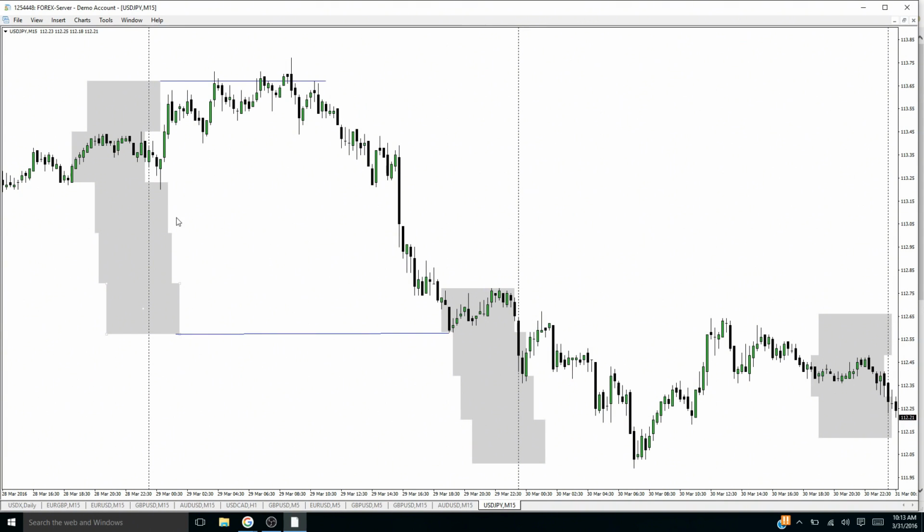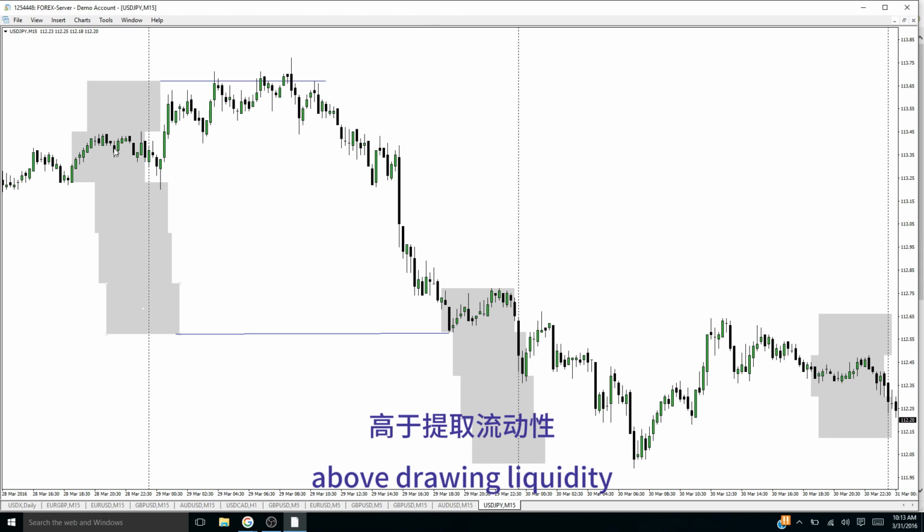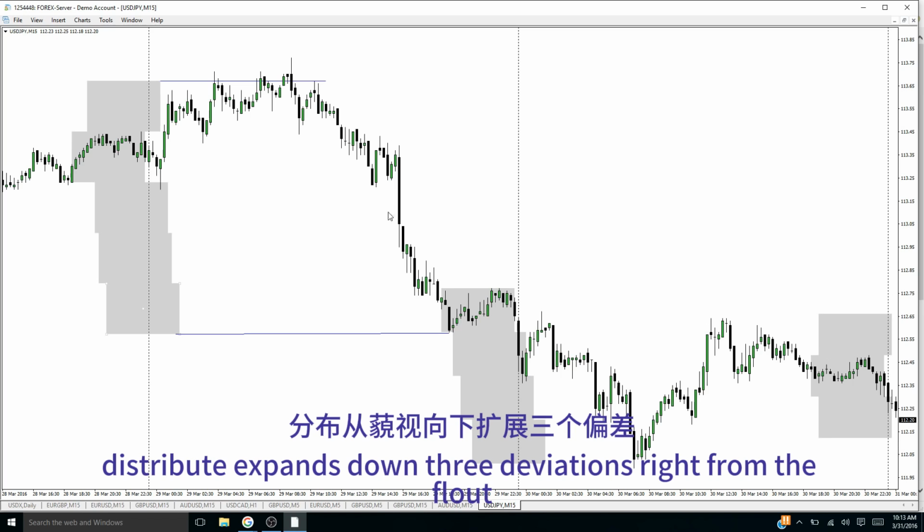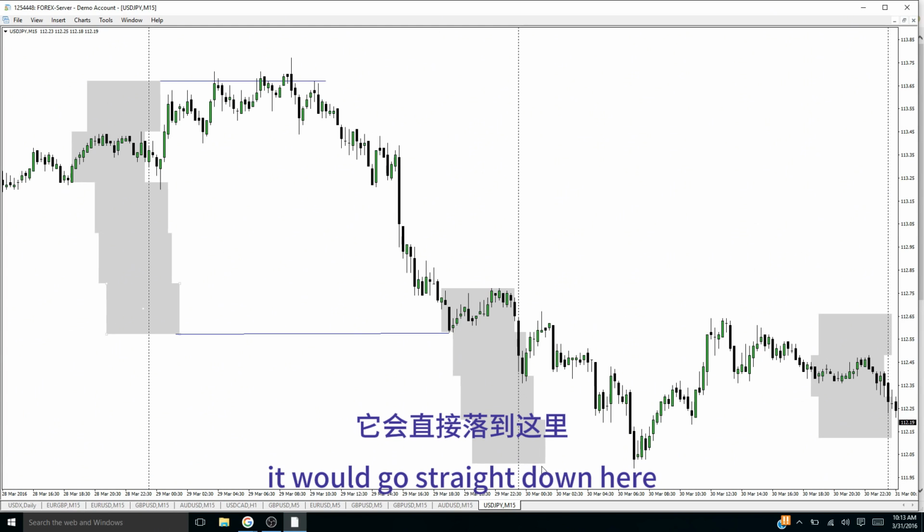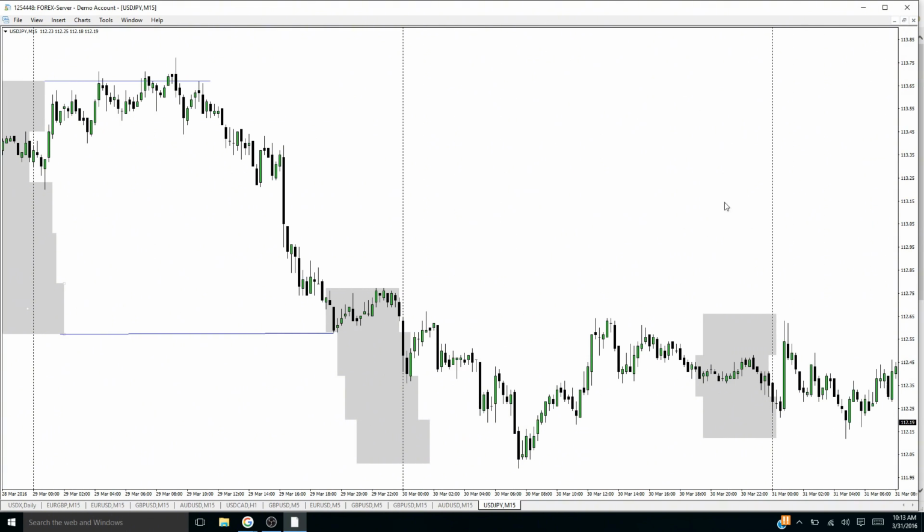Above, draw in liquidity, distribute, expands down 3 deviations. Right from the open, it would go straight down here, and where we're at today.